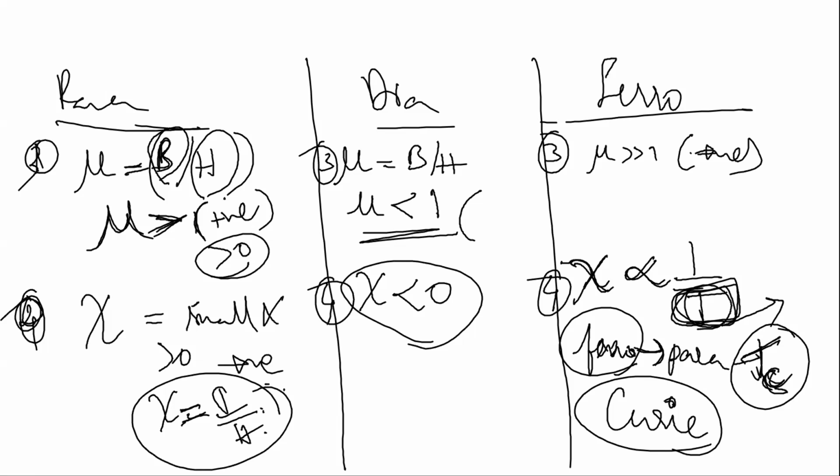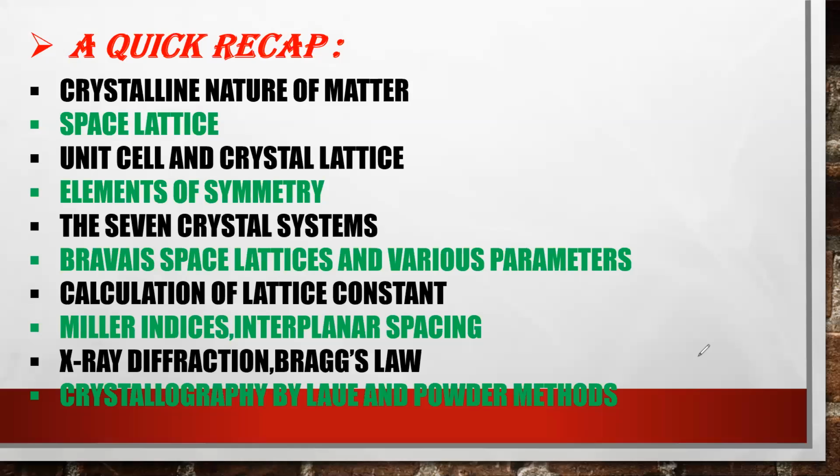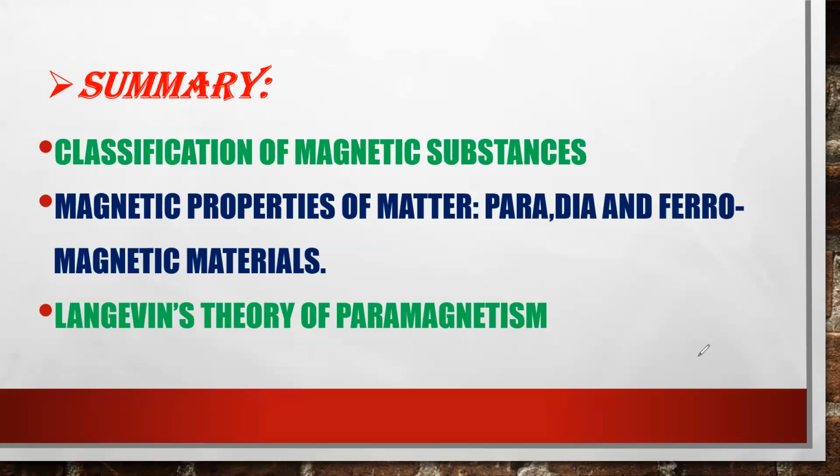Okay, students. Now let me come to the summary of the topic. We have studied so far the classification of magnetic substances, magnetic properties of matter: para, dia, and ferromagnetic materials. Para exhibits feeble magnetism in the direction of the magnetic field.